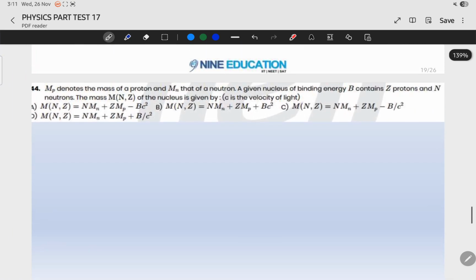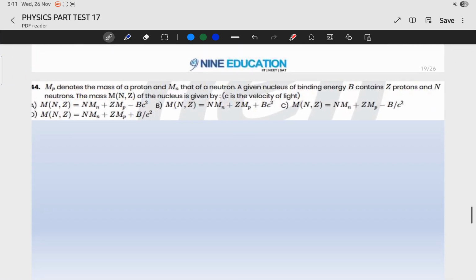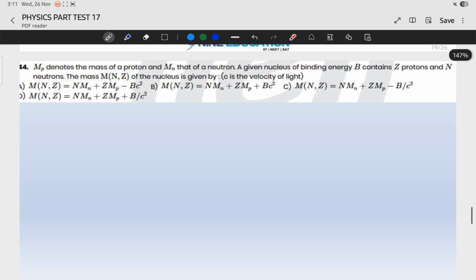Next question. Mp denotes the mass of proton and Mn is the mass of neutron. Mass of the nucleus is given by? So we know that binding energy of a nucleus is equal to number of neutrons into mass of neutron plus number of protons into mass of proton minus the mass of nucleus, into c square. This is the binding energy.